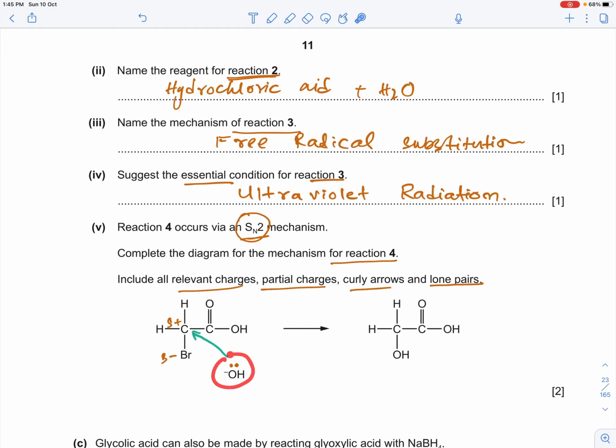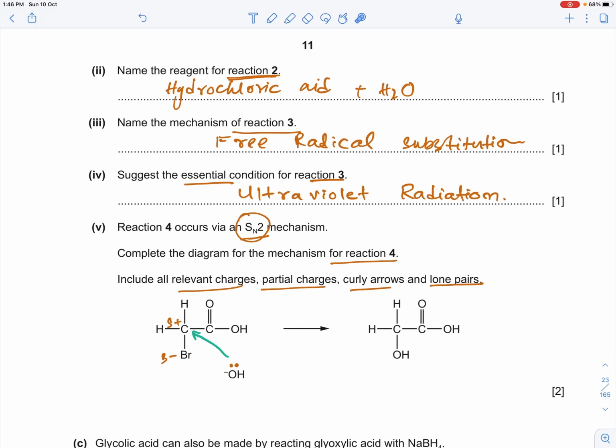As soon as OH minus starts transferring its electron density towards carbon, carbon will break one of its bonds, and the carbon halogen bond is most likely to break because Br is a highly electronegative atom. It is a good leaving group, so it would take the electron density towards itself. The electrons between carbon and Br would start transferring towards the Br.